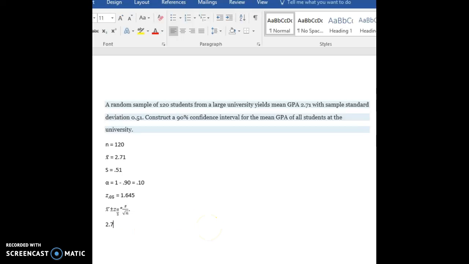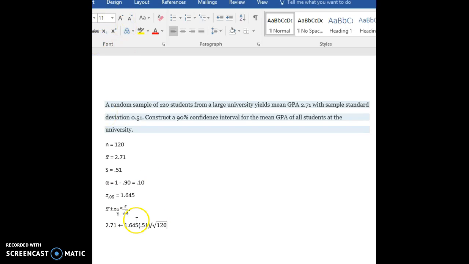So our mean is 2.71 plus and minus our z of alpha over 2, which is 1.645, times the standard deviation of 0.51 divided by the square root of 120.